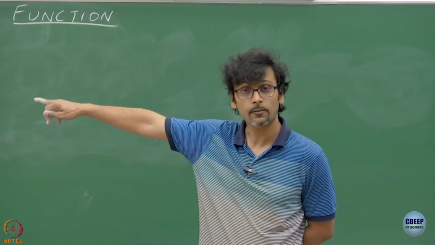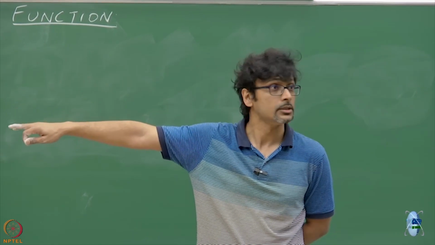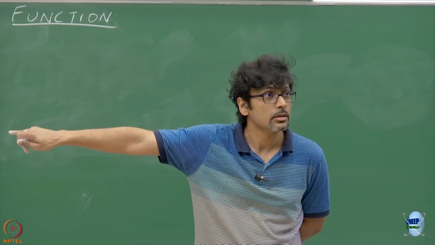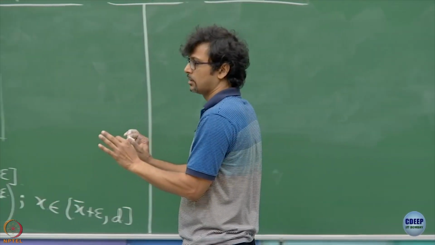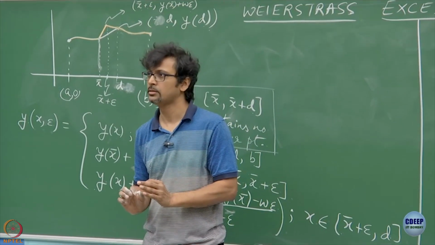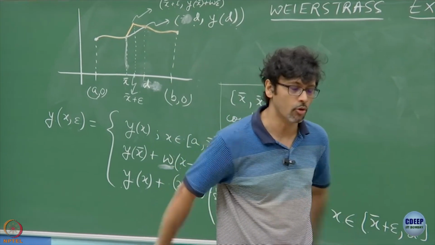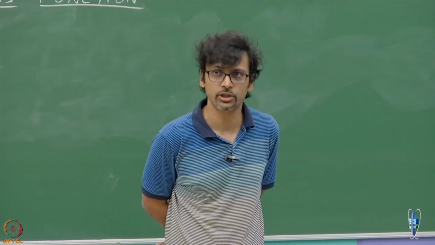What characterizes the perturbation now? Epsilon. It's epsilon that now tells us the extent of the perturbation, right? If you put epsilon equal to 0, what happens? Perturbation vanishes. You're back on the original curve.